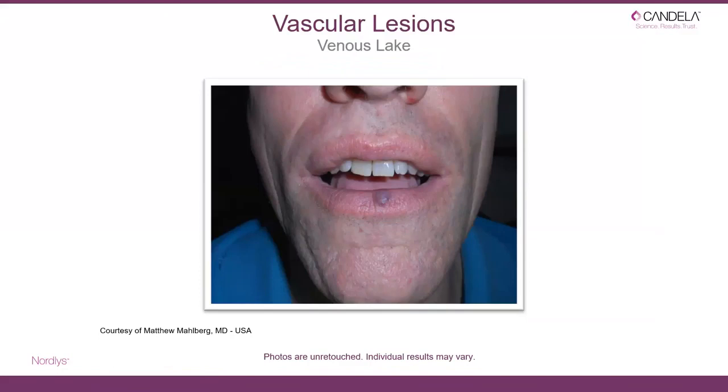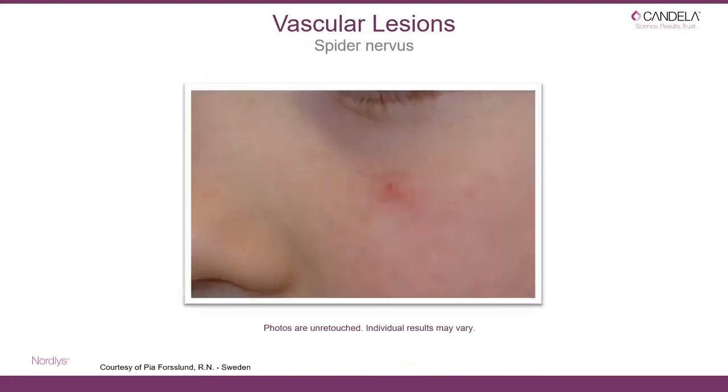Venous lakes, very common, a small vascular lesion on the lip. I apologize for the spelling here, that should read spider nevi, not nervous. Again, very common, you see them on the face, but you will also sometimes see them on the trunk.